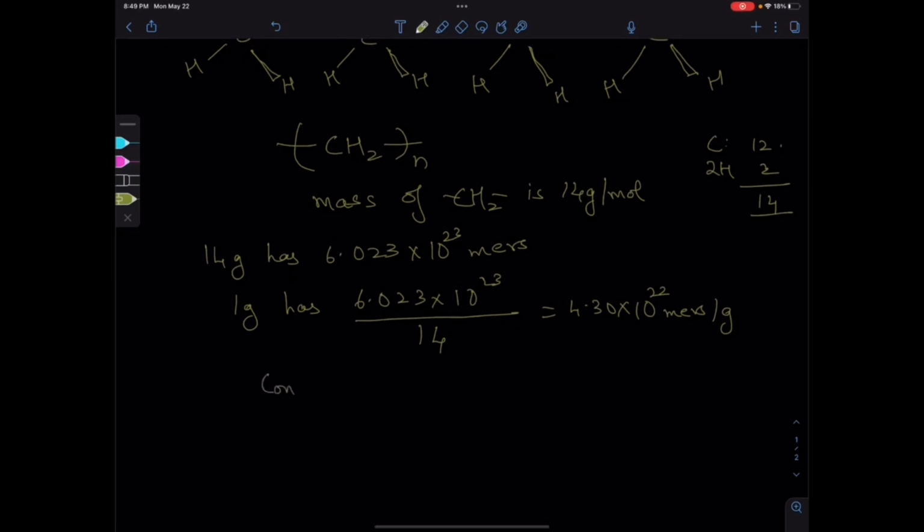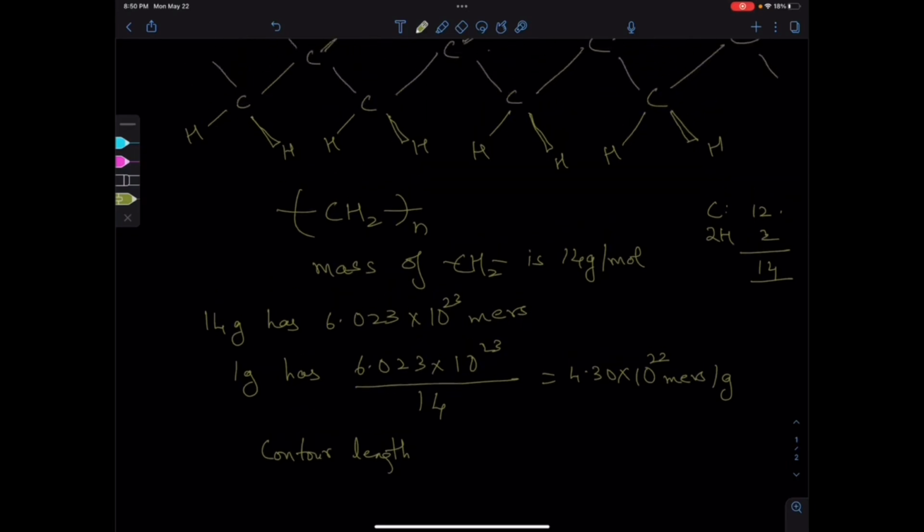So contour length is the product of the number of segments of the polymer molecule and its length. So we have 4.30 times 10 to the 22 mers. So we have 4.30 times 10 to the 22 minus 1 segments because each of this is one segment. So between 3 carbons we have 2 segments. So between 4 carbons we have 3 segments, and so on.